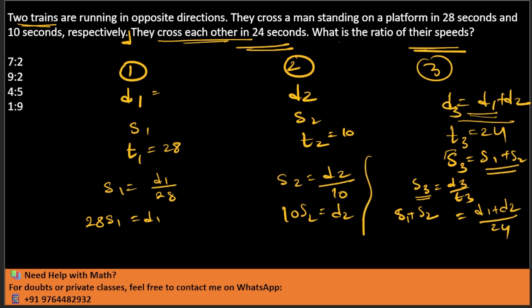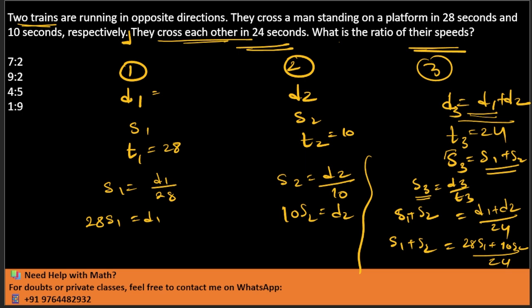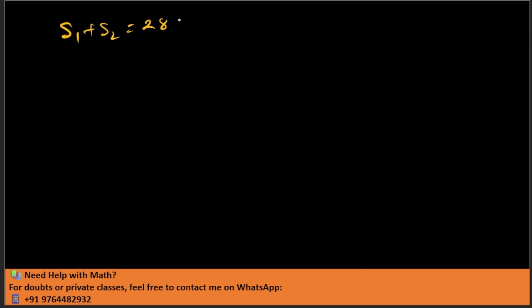But here we have s1 plus s2, and d1 is equal to 28 s1 plus 10 s2 upon 24. So let me write here, s1 plus s2 is equal to 28 s1 plus 10 s2 upon 24.